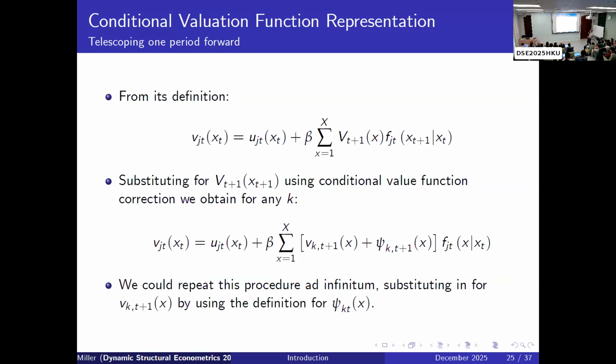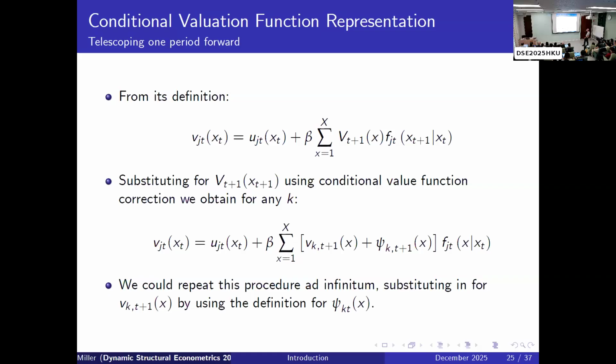Okay. Now, what I could do is pick any old K, any action. It's still going to be true, because this thing being equal to this thing is true for all of the actions.